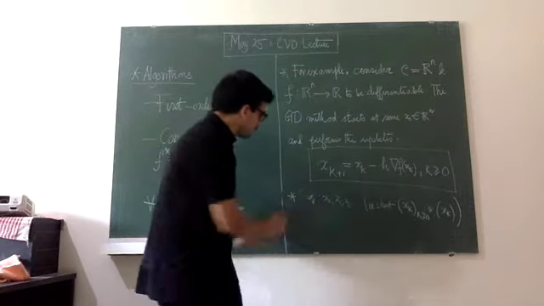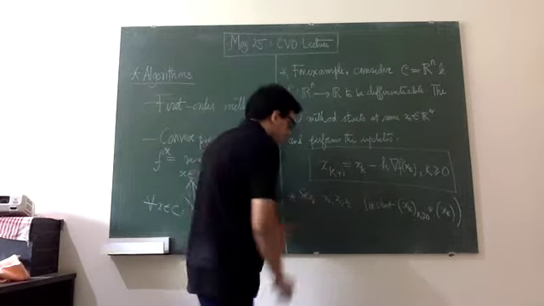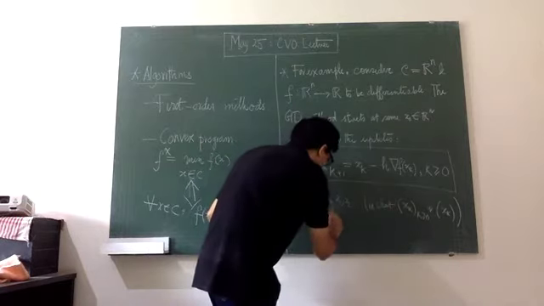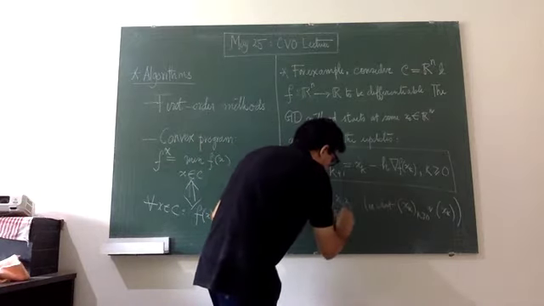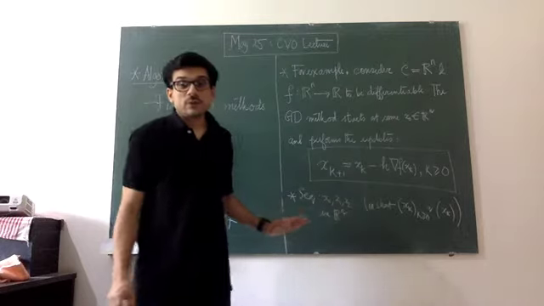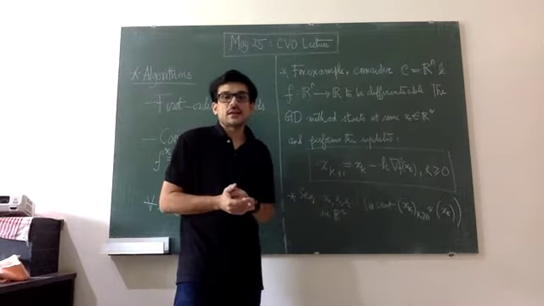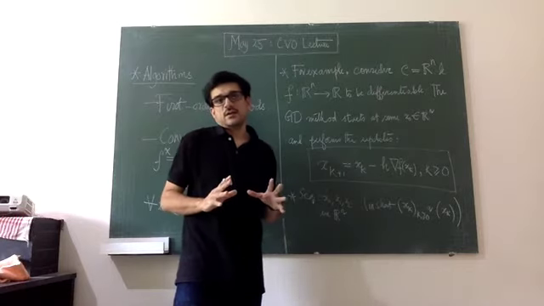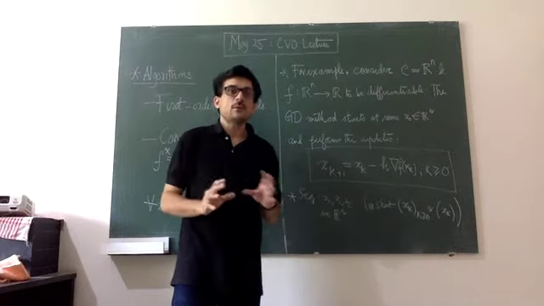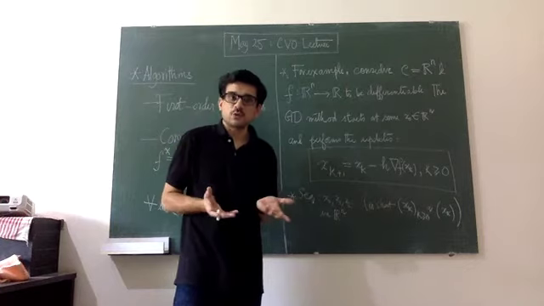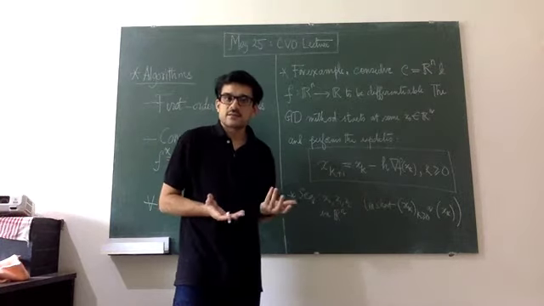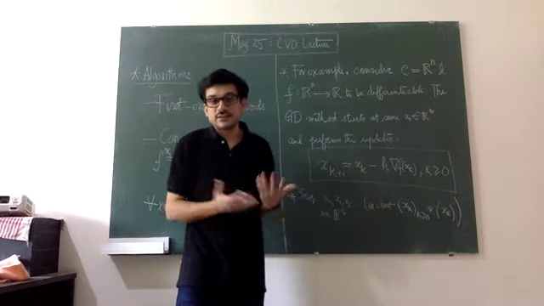What comes to your mind immediately is, you have a sequence, things moving around. The very first thing that would come to your mind is, does this converge or not?